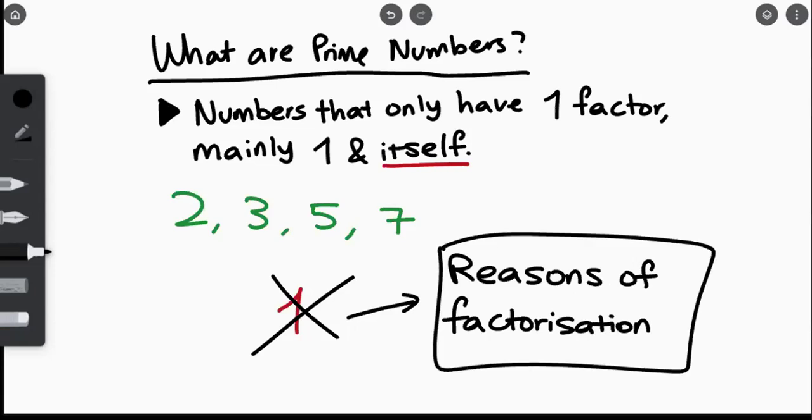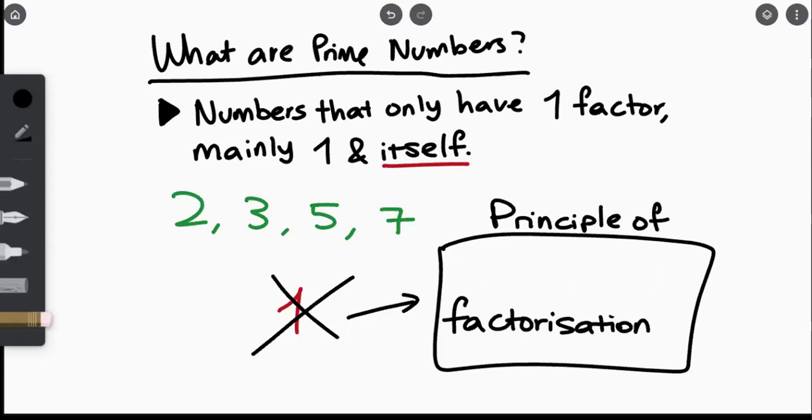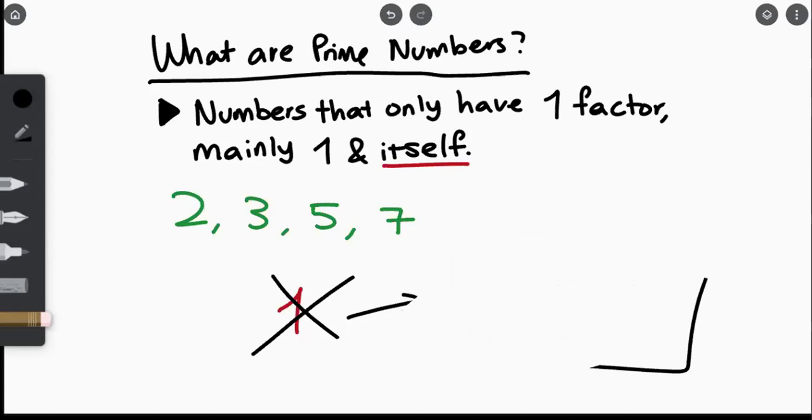For those who are more advanced in your mathematics, there's actually a correct answer to this, but this is a general way of how you explain when the question asks why 1 is not a prime number. This is how you explain it.